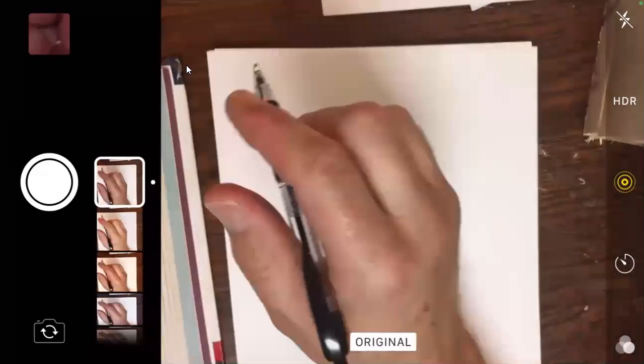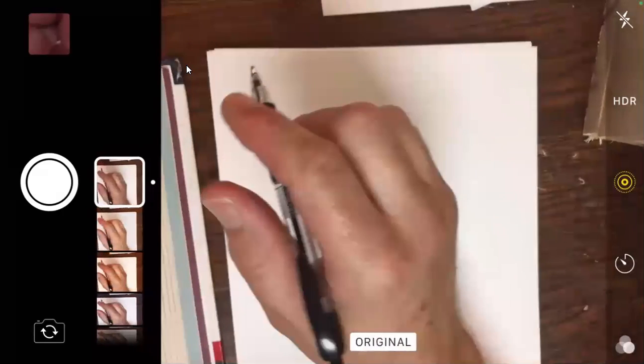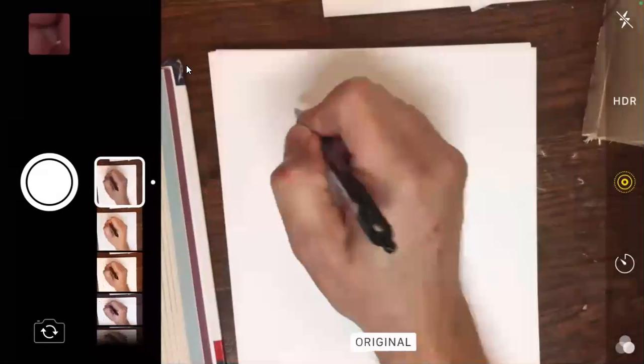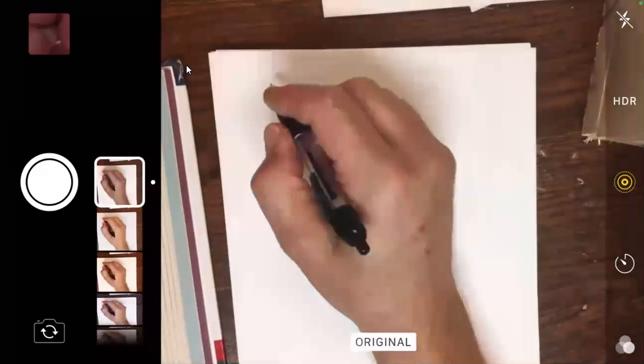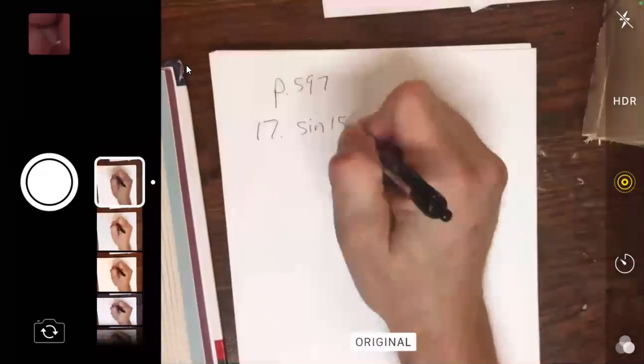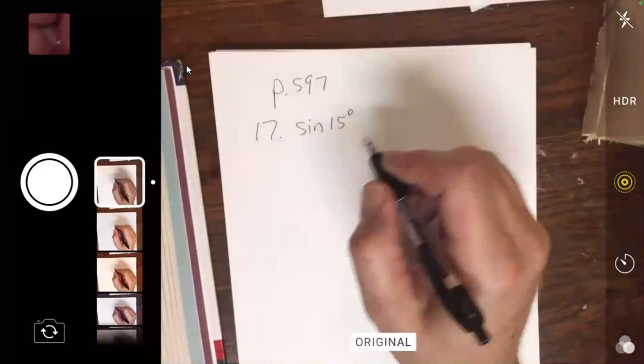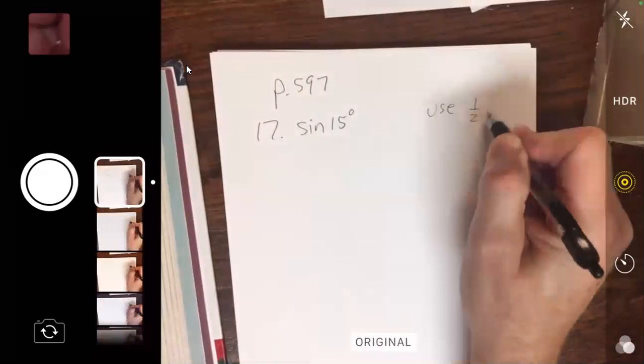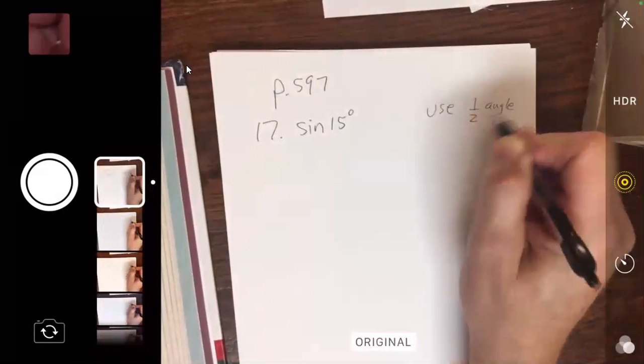Let's try page 597, a half angle formula. 17, sine of 15 degrees. And use a half angle formula.